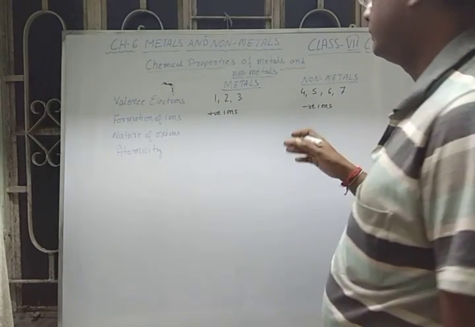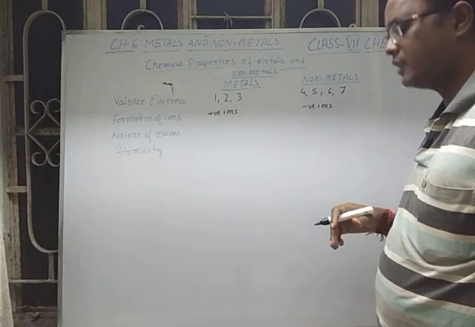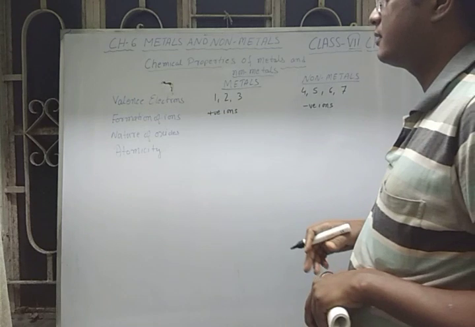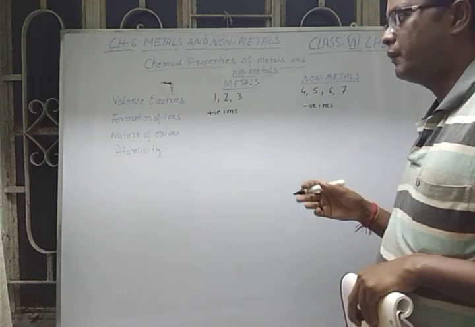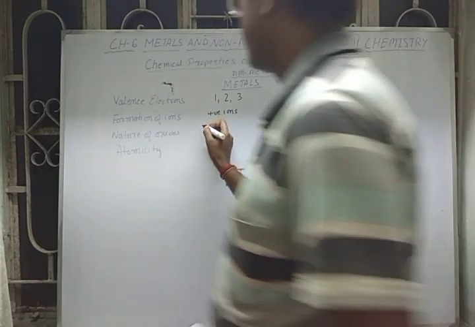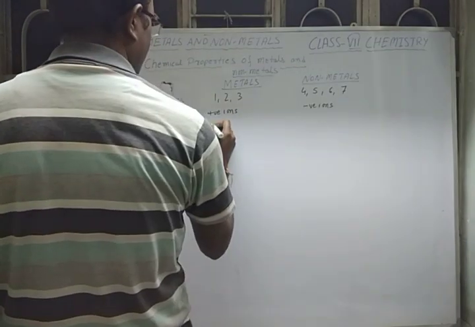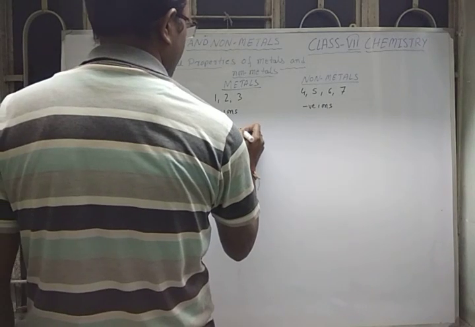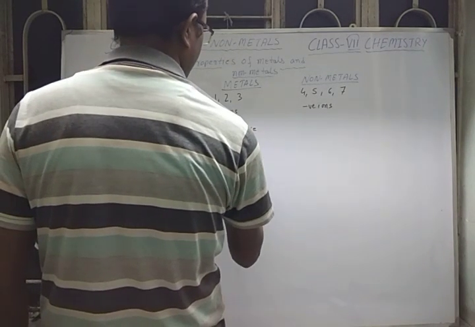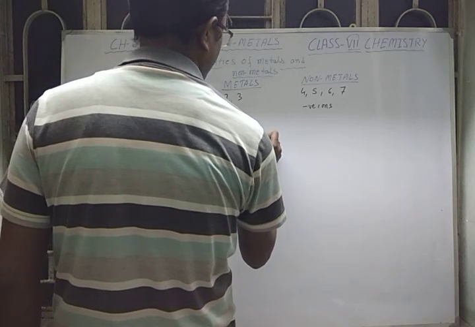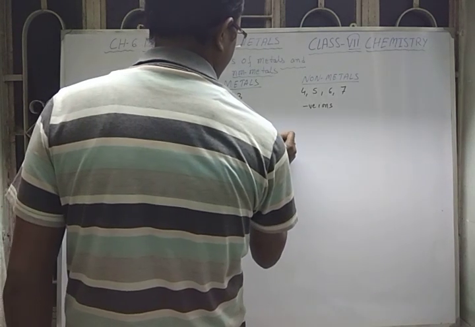So after that, the nature of oxides again. Mainly metals react with oxygen to form oxides which are basic in nature.